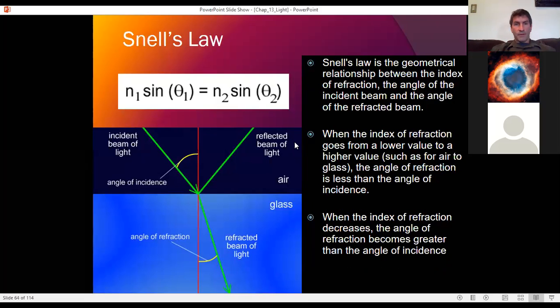Now, total internal reflection, I'm going to skip this Snell's law. If you want to go into more geometric optics, Snell's law is such an important law. It basically relates the index of refraction to the angle that the light comes in. So the index of refraction times sine theta, where theta is the angle, means that as we go into a slower material, the angle has to become less because the index of refraction is becoming greater.